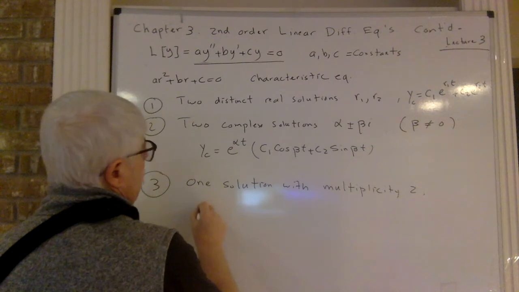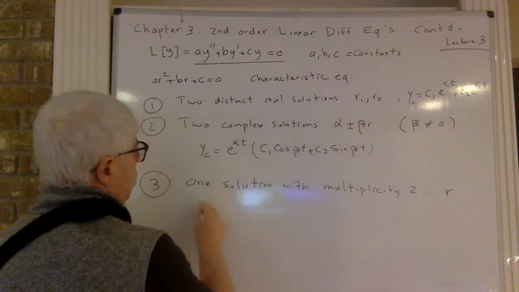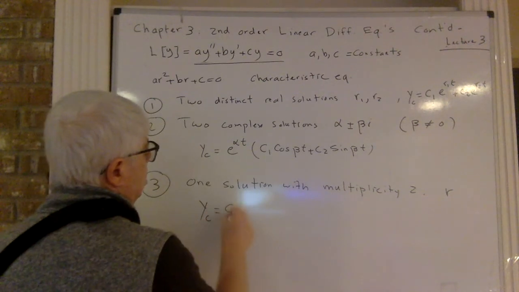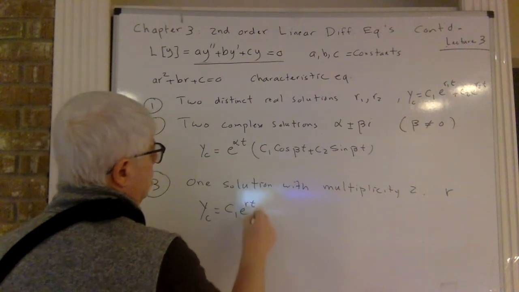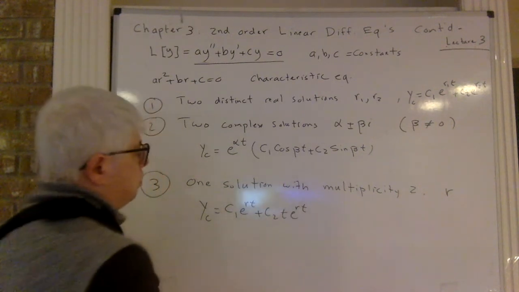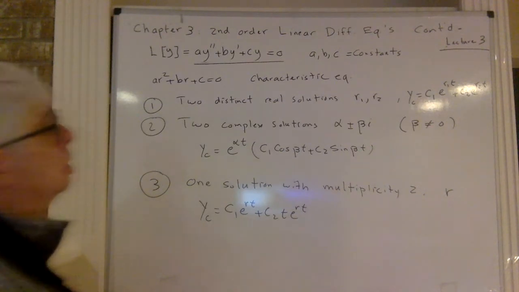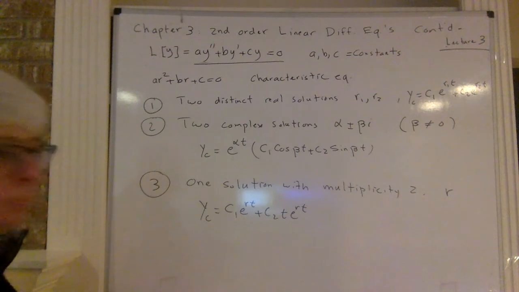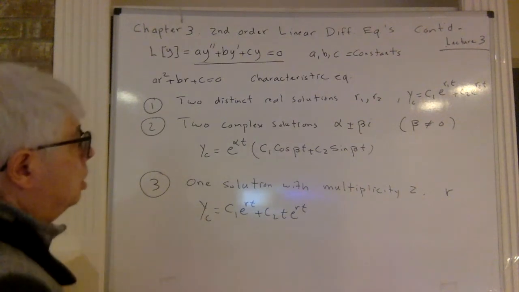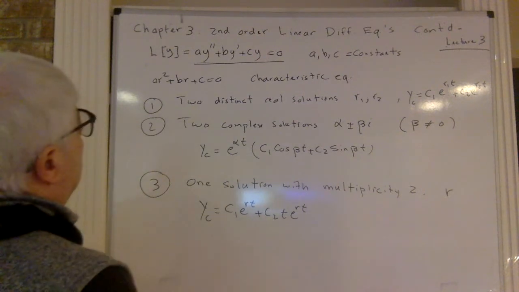So let's say it's r, so y complementary will be c1 e to the power rt plus c2 t e to the power rt. So let me give you 3 examples, one of each, and then I will discuss the particular solution. Okay? So these are the 3 cases that I discussed last time.